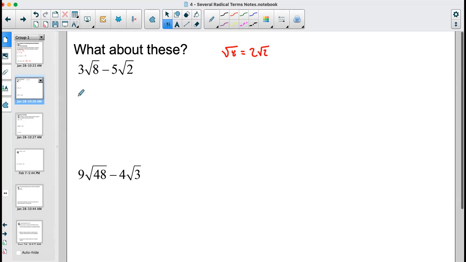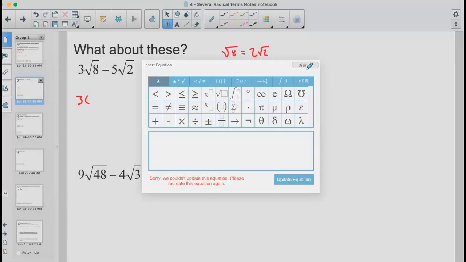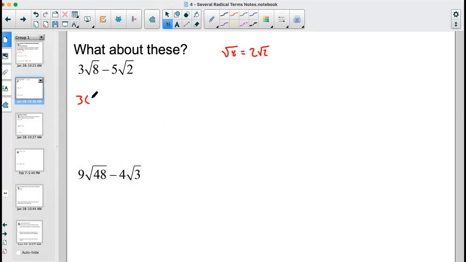So this term here is really 3 times 2 root 2 minus 5 root 2. 3 times 2 root 2 is 6 root 2 minus 5 root 2. Now you can see that they do have the same radical term. It's root 2. And I have 6 here minus 5 there, leaves me just 1 square root of 2.